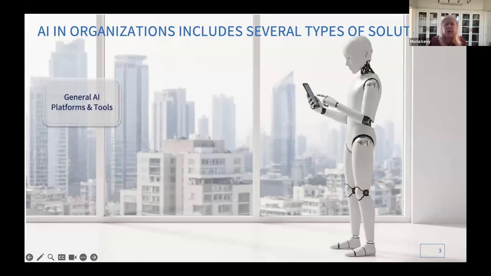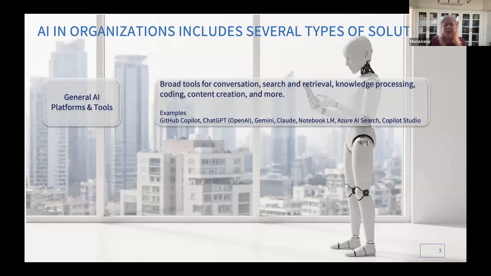One of them is what we call general AI platforms, or general AI tools. Here we find a broad set of tools that can help us hold conversation, search, retrieve, process our knowledge, code, create content, and more. You can see some examples of these platforms: GitHub Copilot, ChatGPT, Gemini, Claude, of course Notebook LM, Azure AI Search, Copilot Studio.